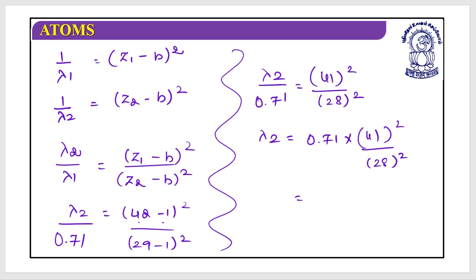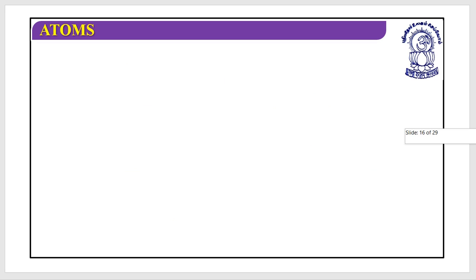This is equal to 1.52 Armstrong. This will be the wavelength, and that can be calculated very easily with the help of Moseley's law. I hope this is clear. Is it clear? Are you sure? Great. So now can we move to the next?